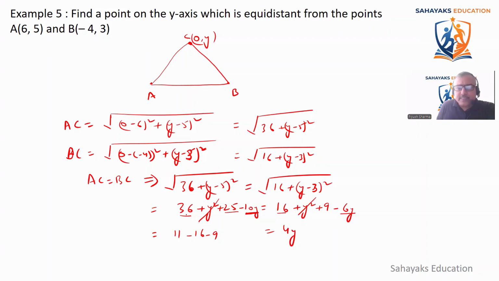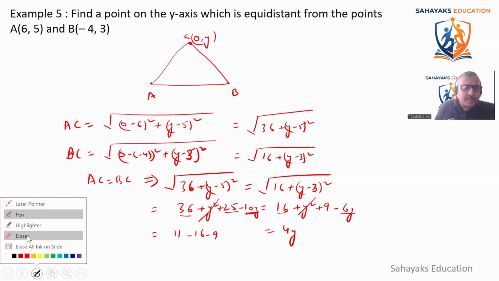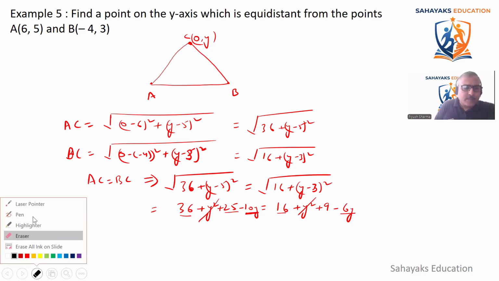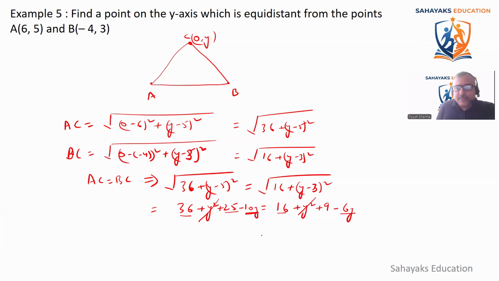Hey, I'm making a mistake. It is 36 plus 25. I'll just clear it up. So what does it give us? 4y is equal to 36 plus 25 minus 16 minus 9.